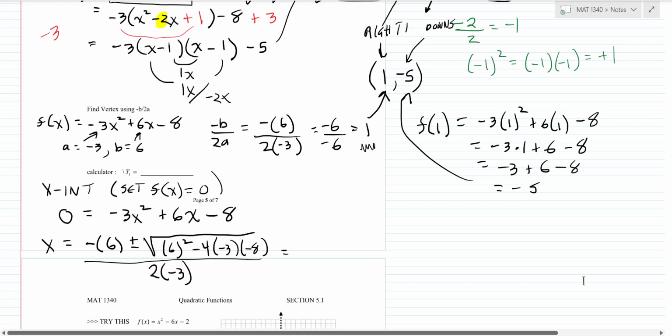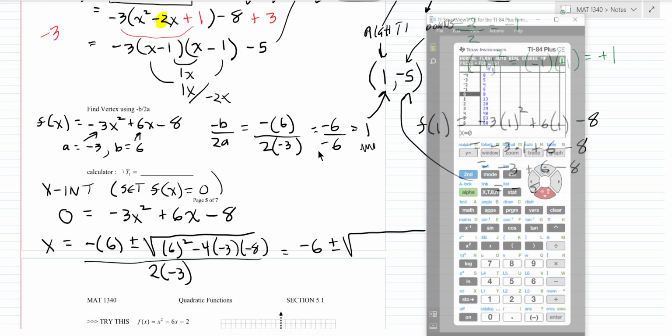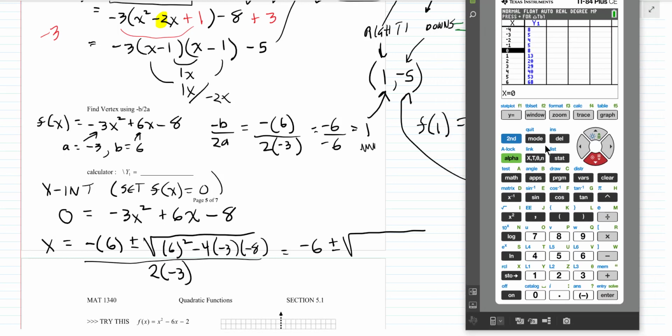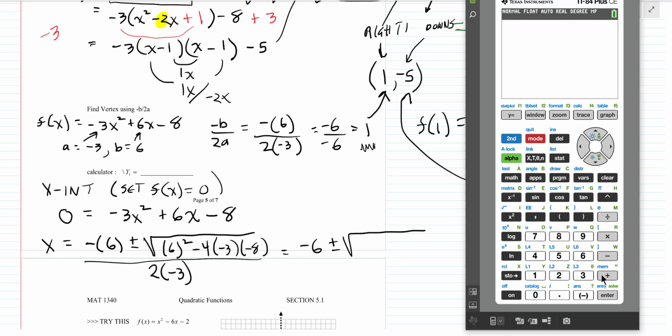You can use your calculator to help with a few things if you want. If you do this, we might end up with kind of the same situation as the last problem. On your calculator, you could just type it in exactly as it is. You could do 6 squared minus 4 times negative 3 times negative 8, or you can do that by hand, and we get a negative again.